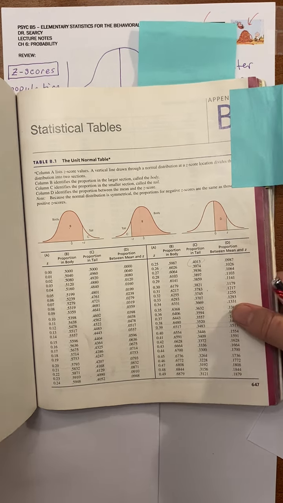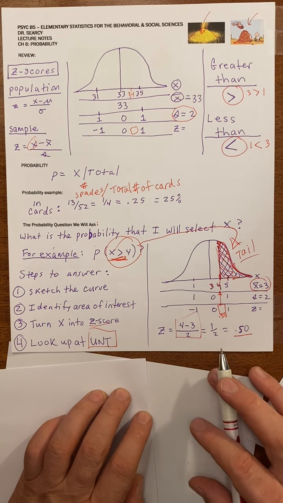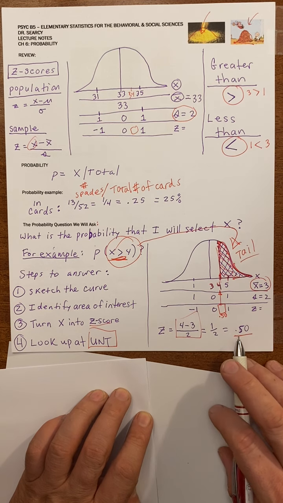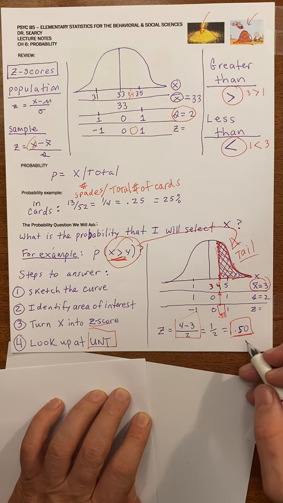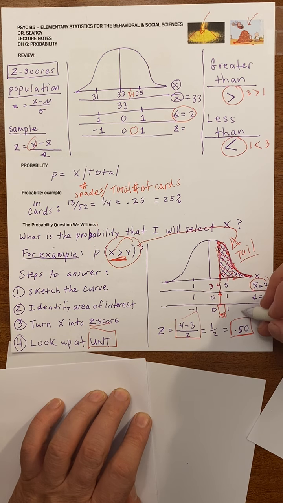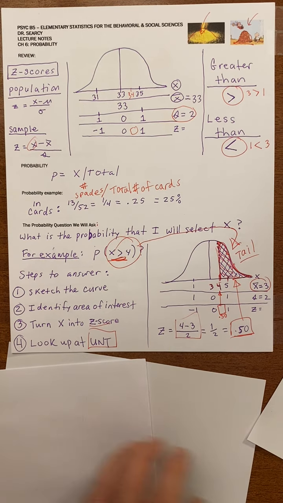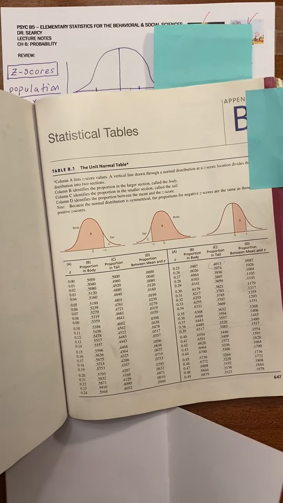So remember what we've done so far is we've said that our x value of 4 is equal to a z value of 0.50. And then from there, on that 0.50, we want to use it to figure out what the probability of pulling something out of that area of the curve is. Okay, so the way that we're going to do it is we're going to go to our unit normal table.